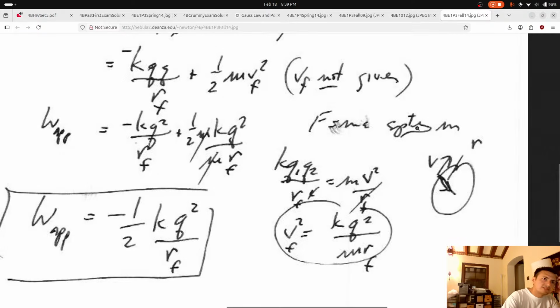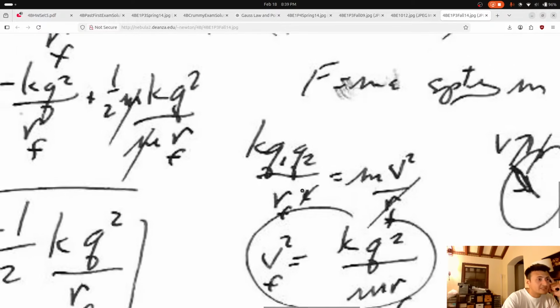F equals ma, system equals mass. Okay, so he's saying that the Coulomb force, is that what he's saying?